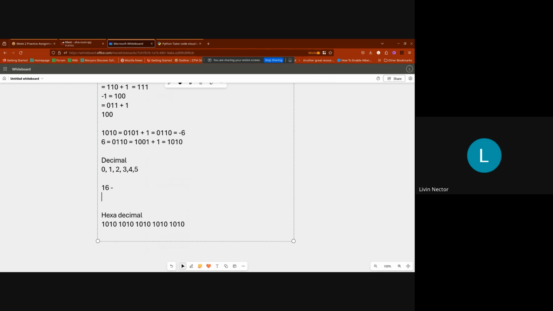In our normal number system, what digits do we have? 0 to 9 only, right? So 10 digits. But we need 16 digits.